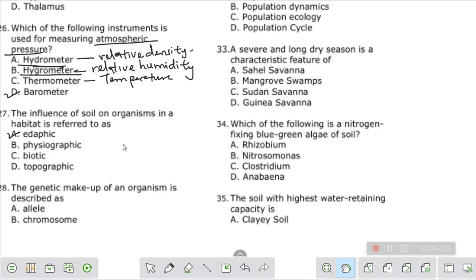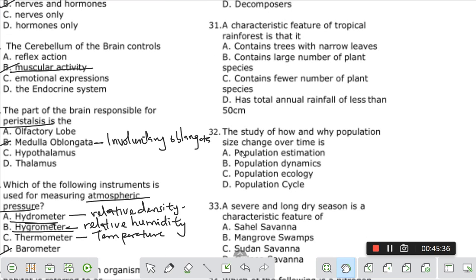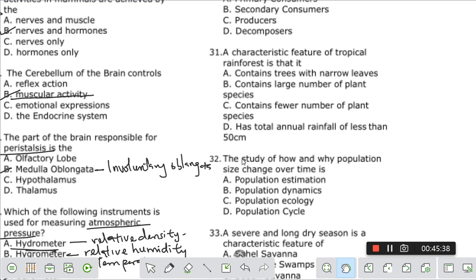So yeah, let's continue. Number 29, the major limiting factor of productivity in the aquatic habitats is: food, temperature, water, sunlight. So what is the major limiting factor? What are the things that limit productivity in the aquatic habitats?